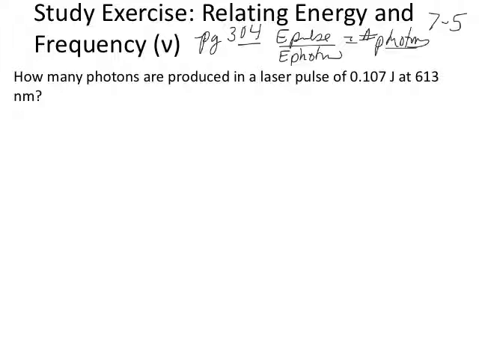How many photons, once again, are produced in a laser pulse of 0.107 joules at 613 nanometers? Okay, we have energy and we have wavelength, so we're going to go with our equation, E equals h nu. As always, I do c equals lambda nu, I solve for nu as c over lambda, and then I plug this in.